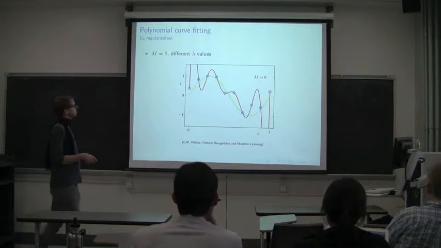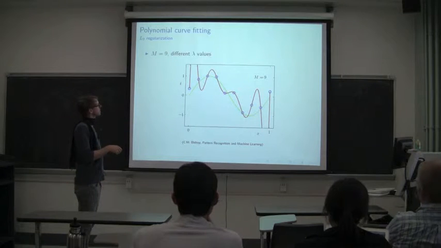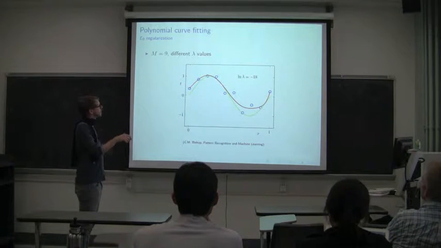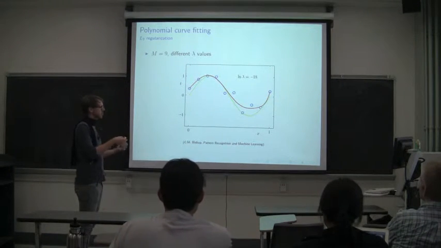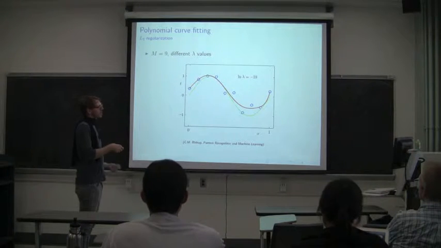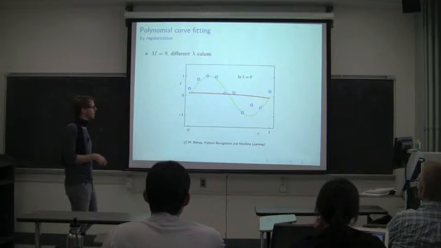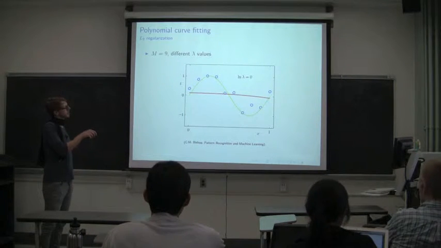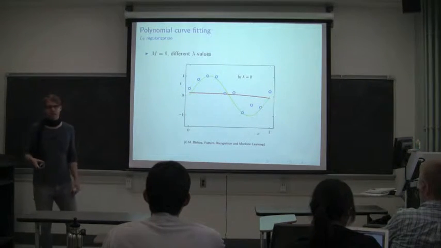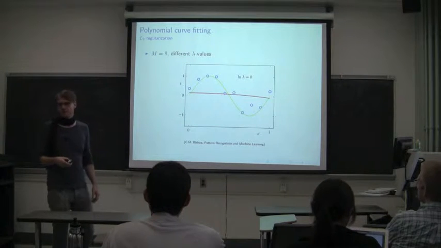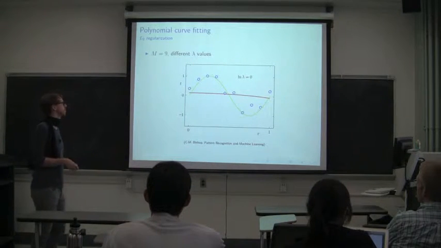If we do that for different lambda values, we observe that as we increase lambda, the overfitting goes away, but at some point we also get underfitting, because all the regression weights get pushed to 0 as we penalize too much.